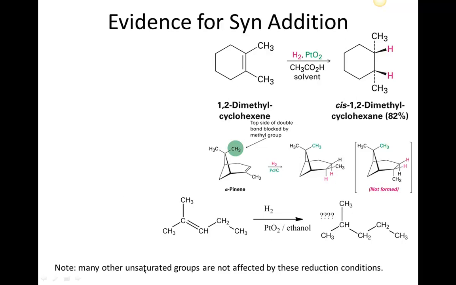And we're going to see that there are some other kinds of unsaturated groups that are not affected either by these reduction conditions. But the main thing you need to know right now is that rings do not get affected by catalytic hydrogenation.